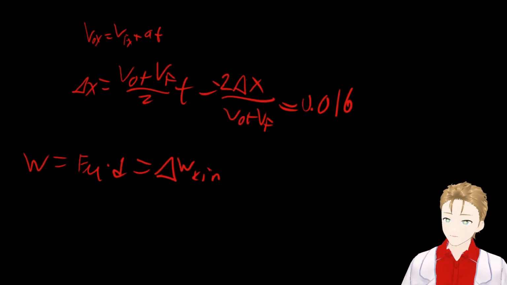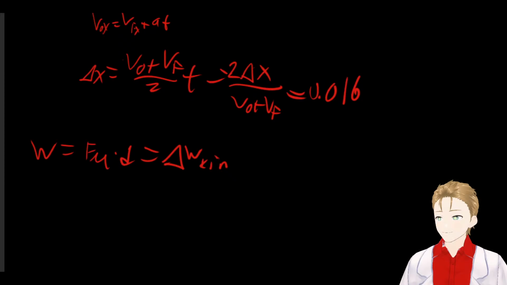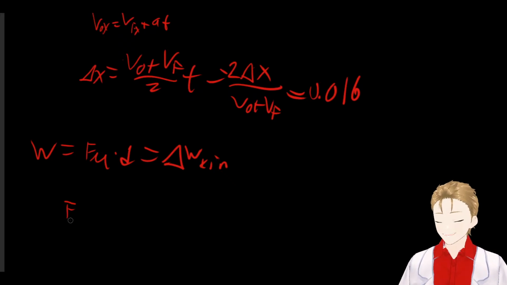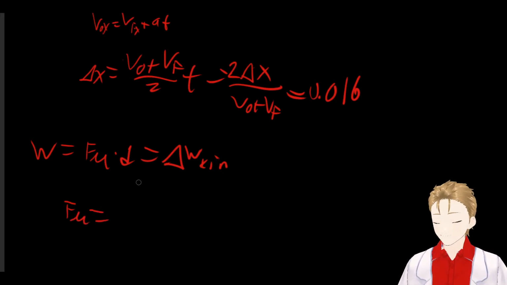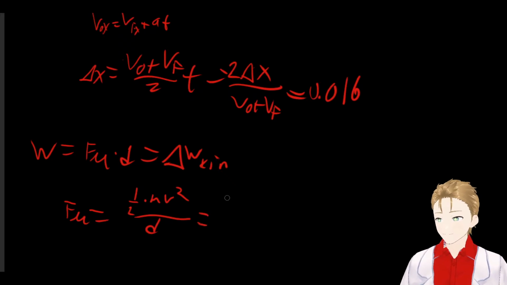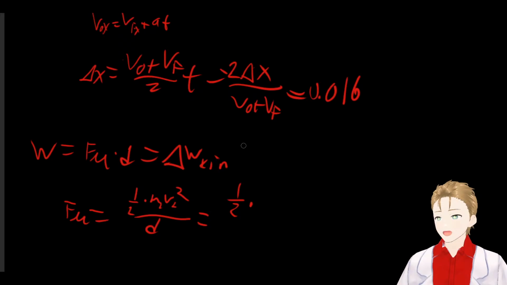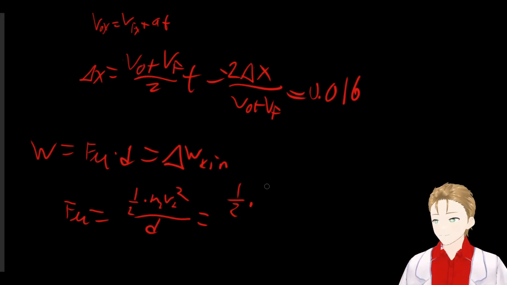Oh, right. So we have it equal to 1/2 mv squared over d, 1/2 times the second one, right?